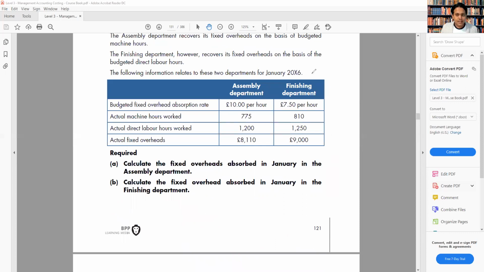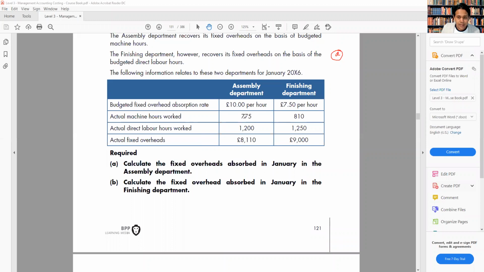So let's do it in the corner, A. Fixed overhead in January for assembly department. Can anyone tell me how much overhead we have absorbed for our assembly department?